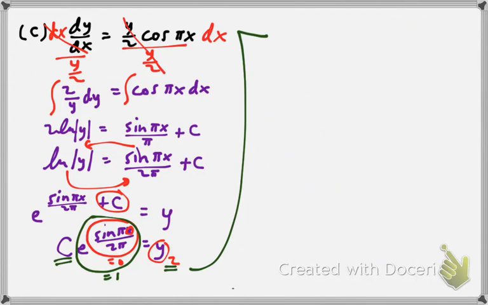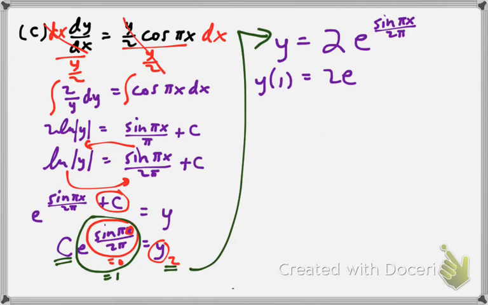And let's bring that way up here. So now we have the equation y equals c, which is 2, times e to the sine of pi x over 2 pi. And it says evaluate f of 1. Well, y equals f of x, so f of 1 is the same as y of 1. 2 times e to the sine of pi.